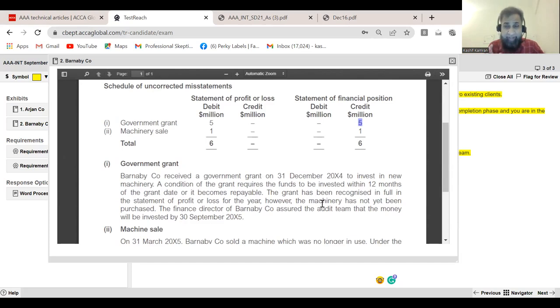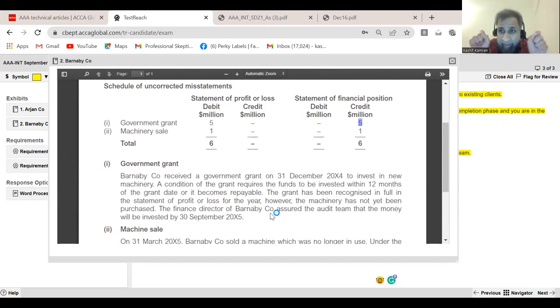Can we recognize the income when we have not incurred the cost? Tell me, can we recognize the grant income when we have not incurred the cost expense? No. So is this a wrong accounting treatment? The finance director of the Brenner B company assured the audit team that the money will be invested.